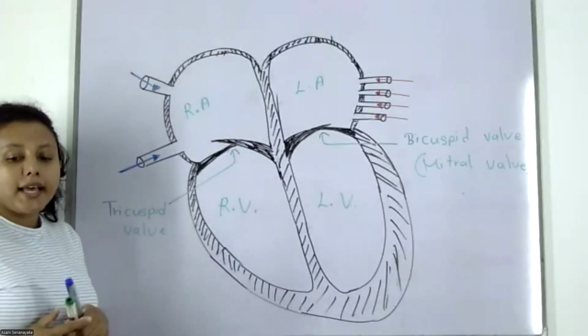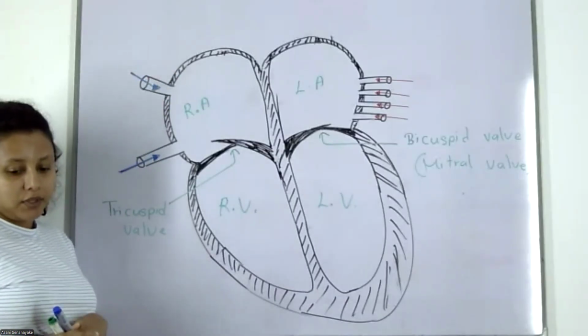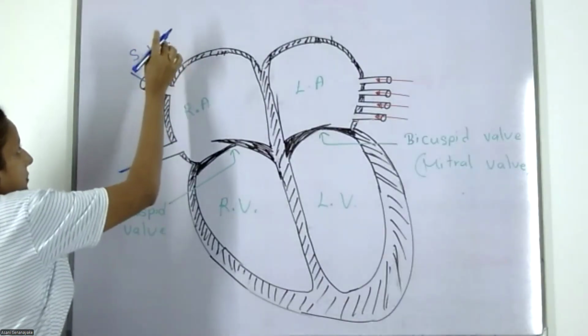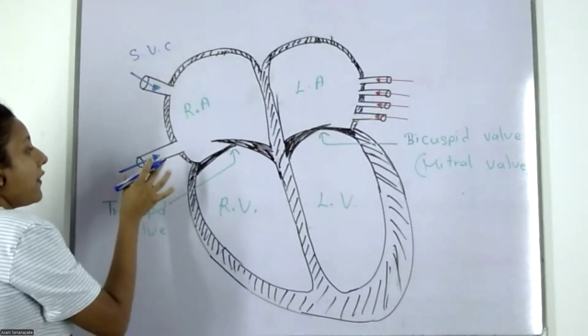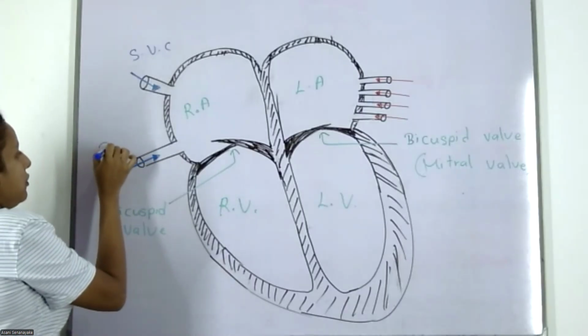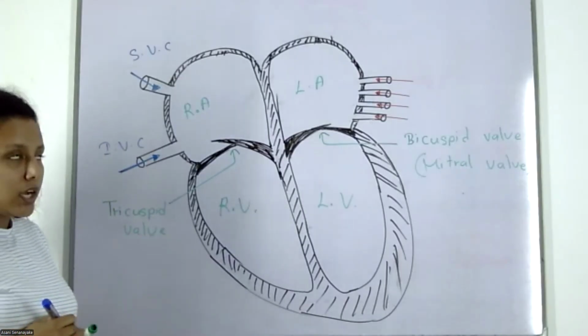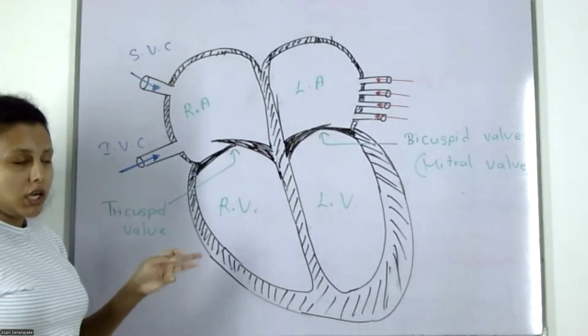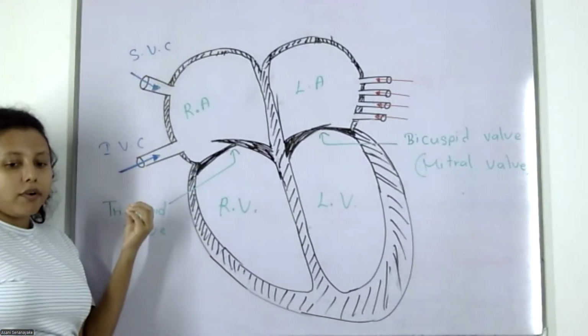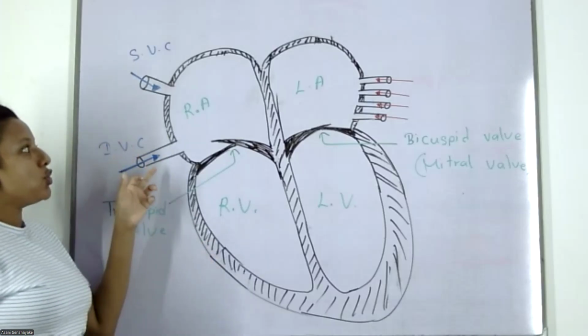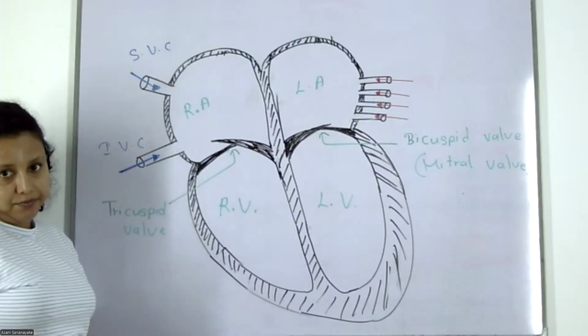One vessel we call the superior vena cava, and the other we call the inferior vena cava. The upper one is the superior vena cava, and the lower one is the inferior vena cava. So these two open to the right atrium.